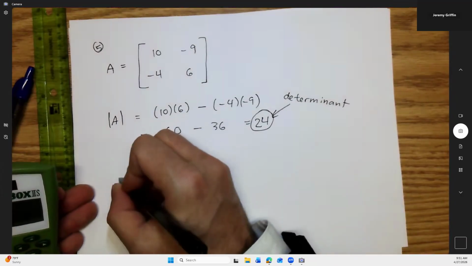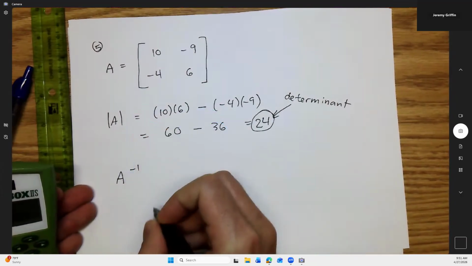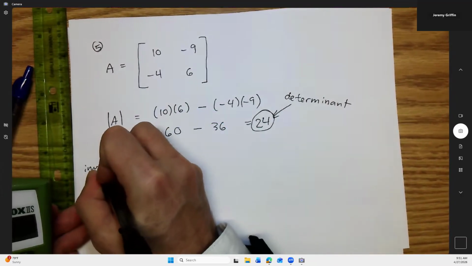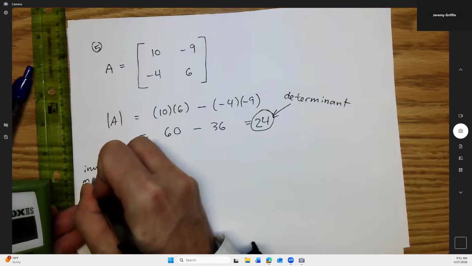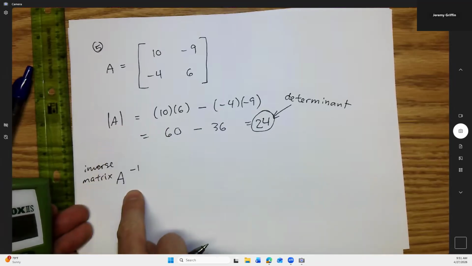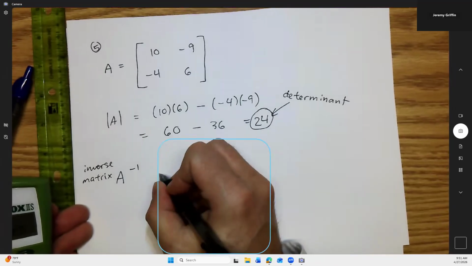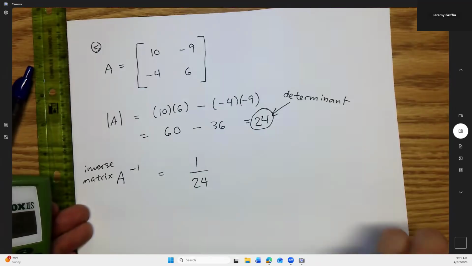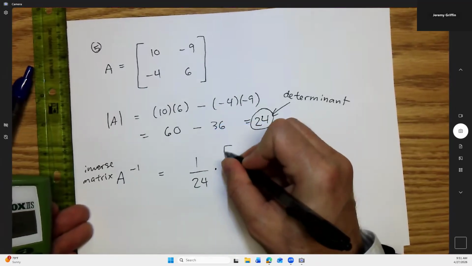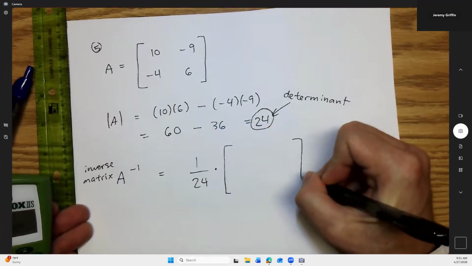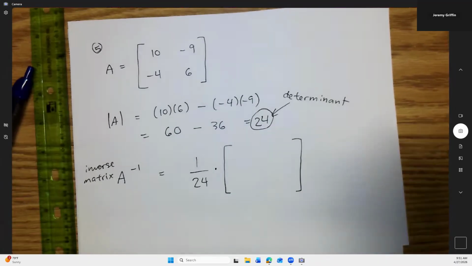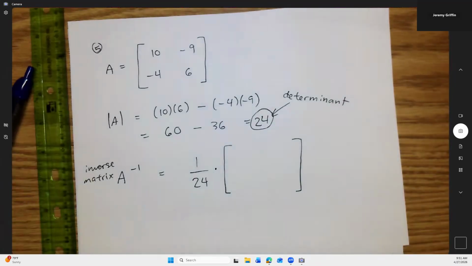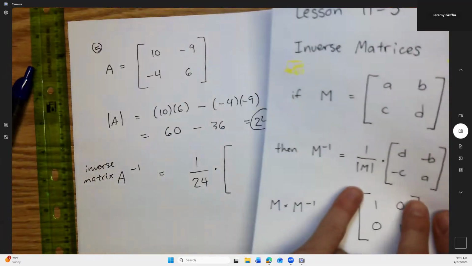Now, A inverse then. So this would be your inverse matrix. You can use this notation, A^-1 equals 1 over 24, because 1 over the determinant, multiplied by the matrix.